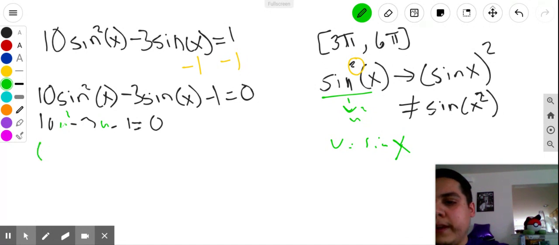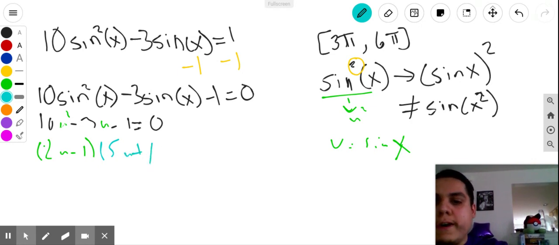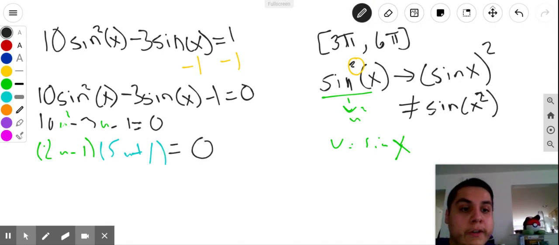I end up with 2u minus 1 times 5u plus 1 equals 0. Sorry, it's super frustrating because I know I'm not writing super small and this messy, but apparently I am.